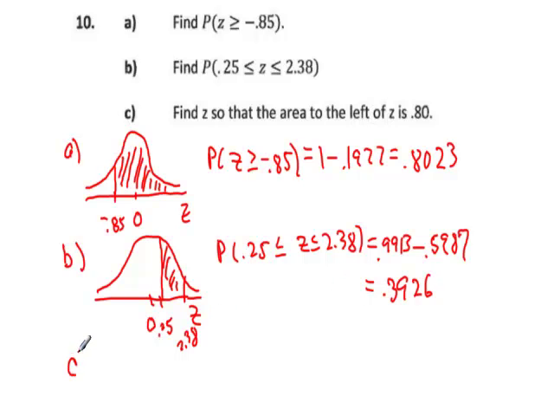Finally, C, we're asked a slightly different type of question. We're asked to find the z. We're not given z. We're asked to find z so that the area to the left of z is 0.80. So let's begin with a drawing of our standard normal curve z, and you get partial credit for the drawing, by the way, on the midterm.